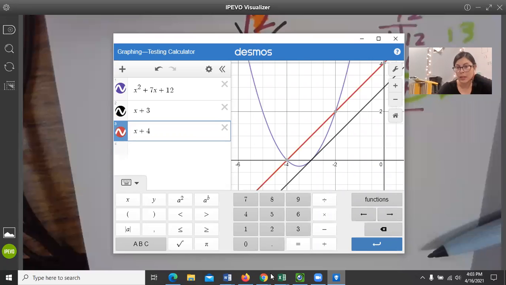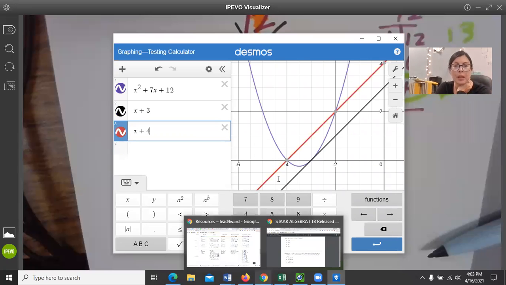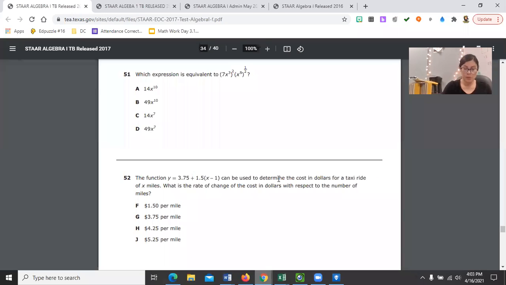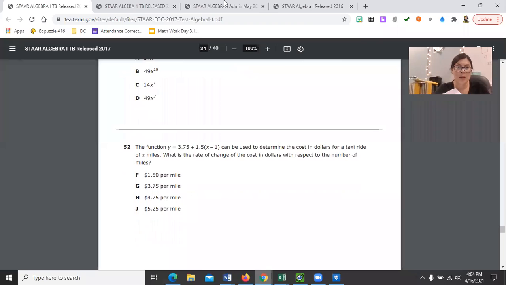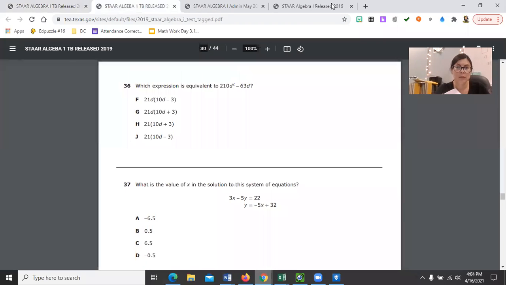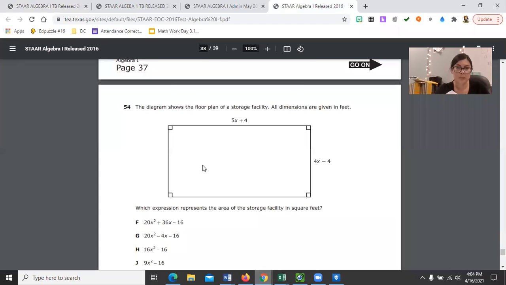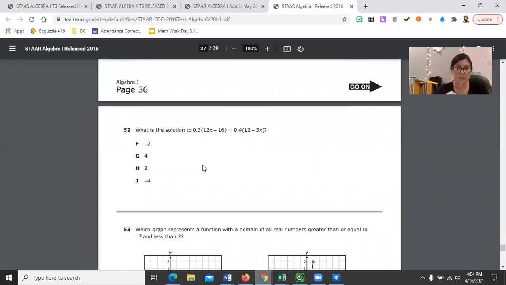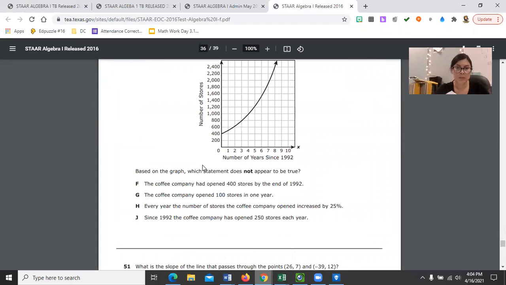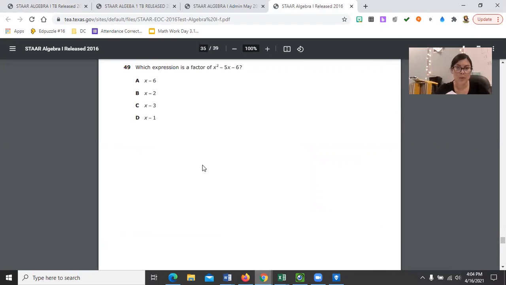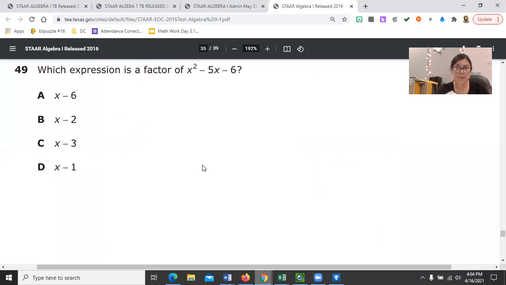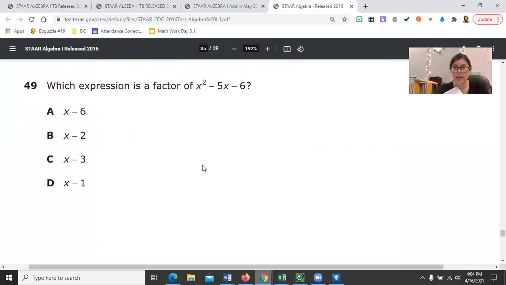So let's do an example. What I want you to do is factor this one. First thing, what is the C?